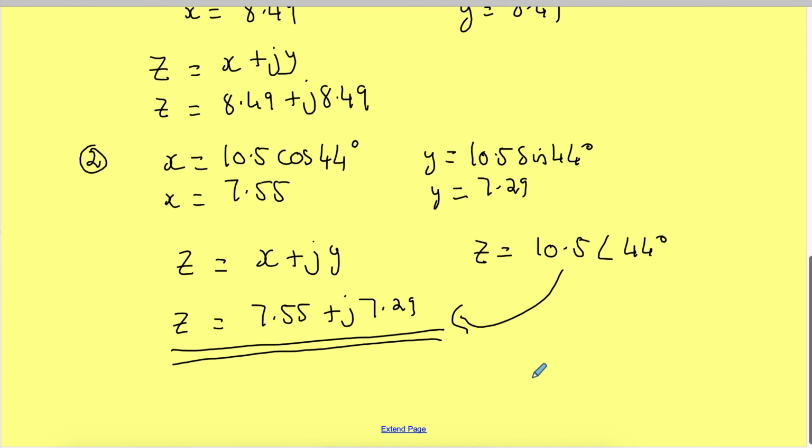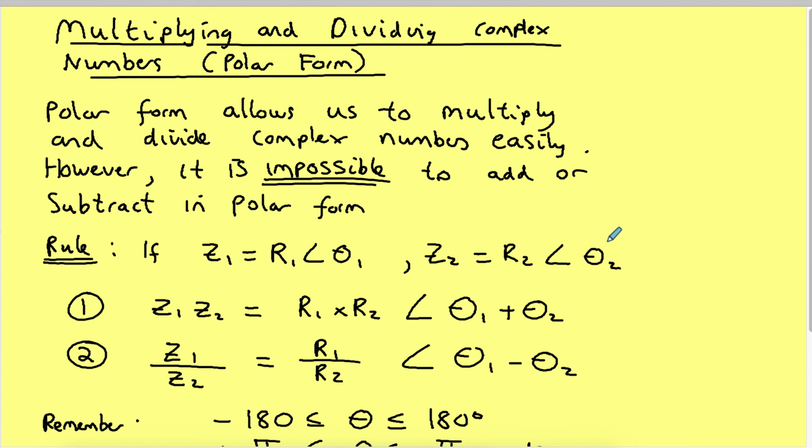It's fairly straightforward, but you've just got to make sure that you do it properly. Right. Here we go. Next bit. So multiplying and dividing numbers in polar form. So what polar form does is it allows us to multiply and divide complex numbers easily.